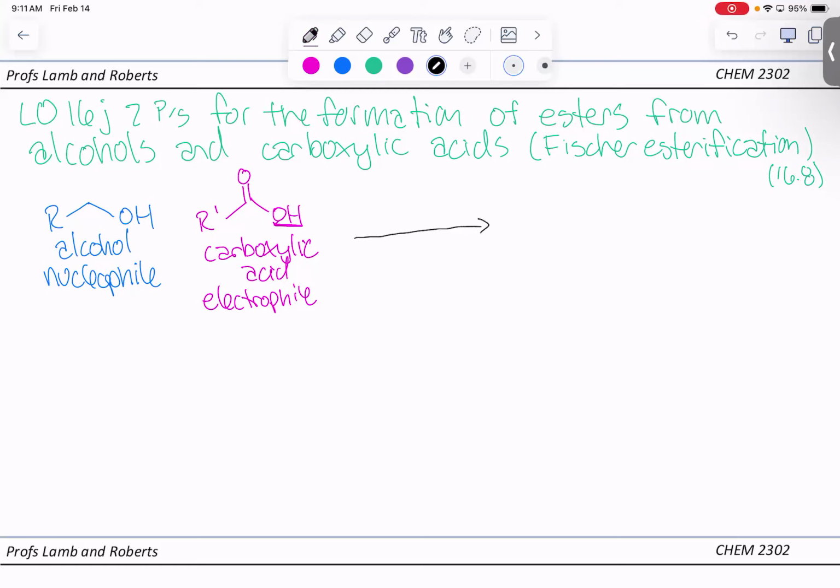So we're going to do this under 2 sets of conditions that are catalytic, all right? So we can have 2 catalysts. So we can have H2SO4, which would be an acid catalyst. Or we can do this reaction with a base catalyst using pyridine as a base.